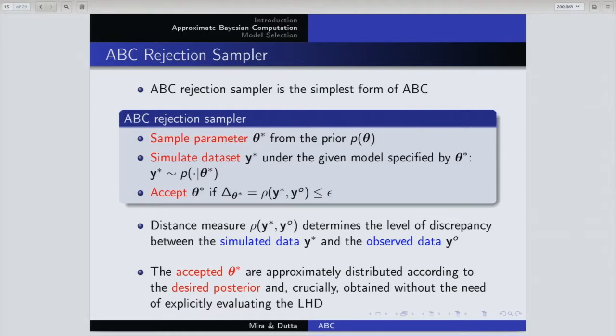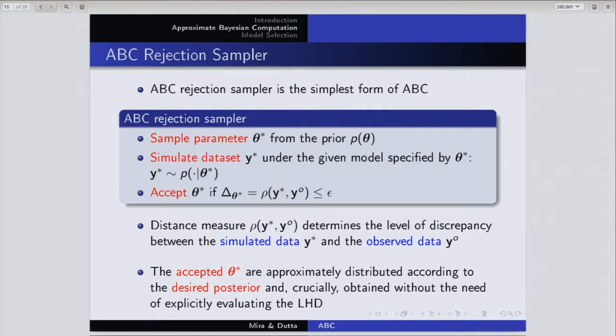Then we accept theta star if some distance measure, rho, between the observed data and the simulated data is less than some threshold epsilon. Those values of theta star, the accepted values of theta star, are approximately distributed as the posterior distribution, approximately in epsilon.